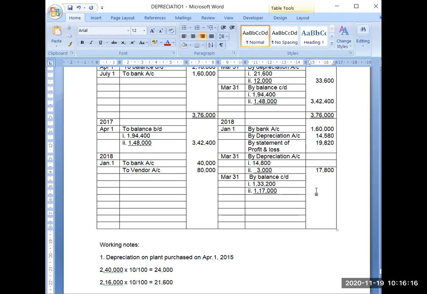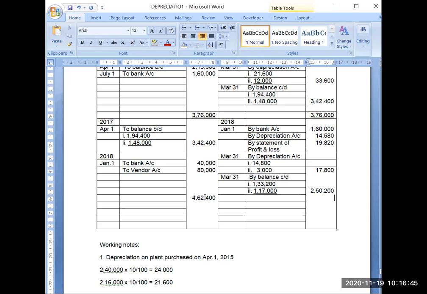So 1,33,200 plus 1,17,000 is 2,50,200. Now we can total both the sides. So it will be 4,62,400.